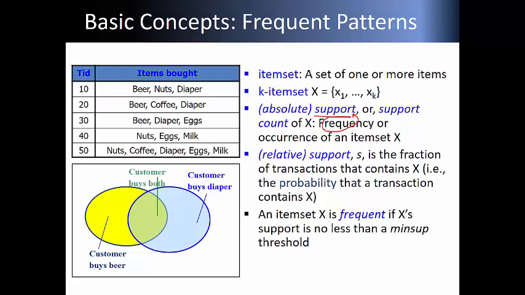Support may be of two kinds: absolute support or relative support. Relative is based upon some condition, right? An itemset X is frequent if X's support is no less than a minimum support threshold.